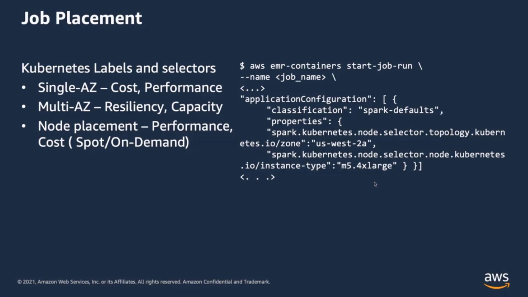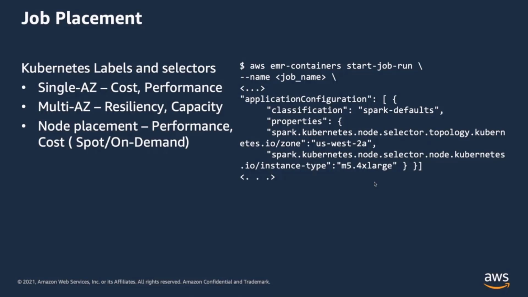When you provision an EKS cluster, the EKS managed service attaches labels to indicate the machine type, the availability zone it is in, and a few other parameters. So you can use those labels. Like in this code snippet you see on the right, we are leveraging the label attached by the EKS service called topology.kubernetes.io/zone, and the value is us-west-2a. And similarly for the instance type.